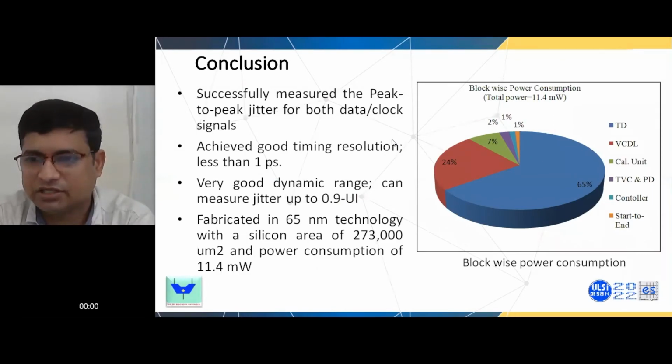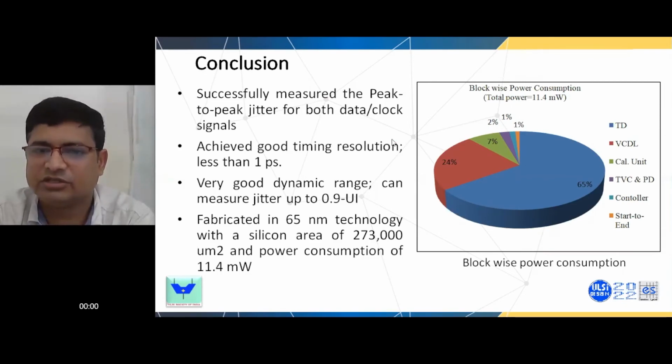The TD circuits, transition detector, that contains the pulse width generator, then BCDL circuits plus the transition region detector, all this takes 65% of power, then BCDL 24%, and calibration unit 7%.